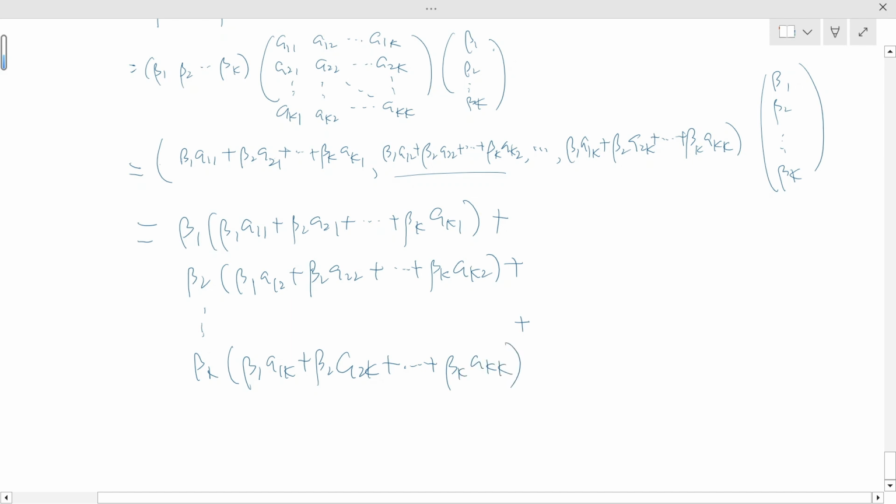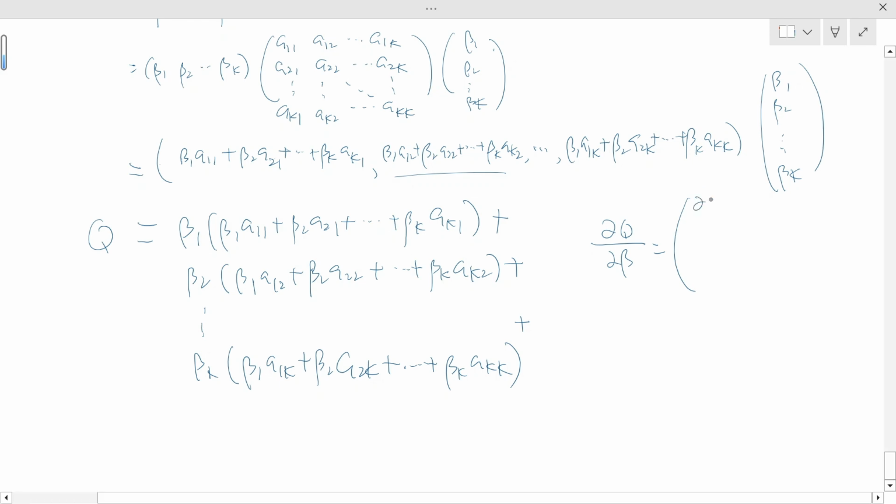Okay, so we have all these terms, and we call this Q. We want to compute partial Q, partial beta, which is a k by 1 vector.